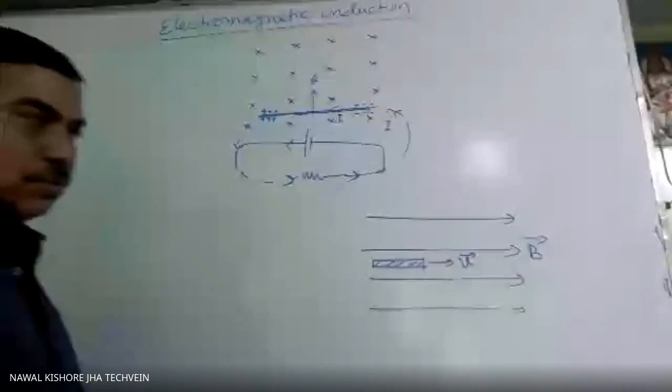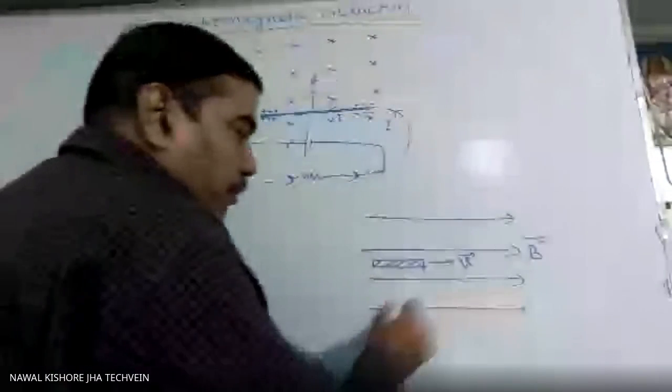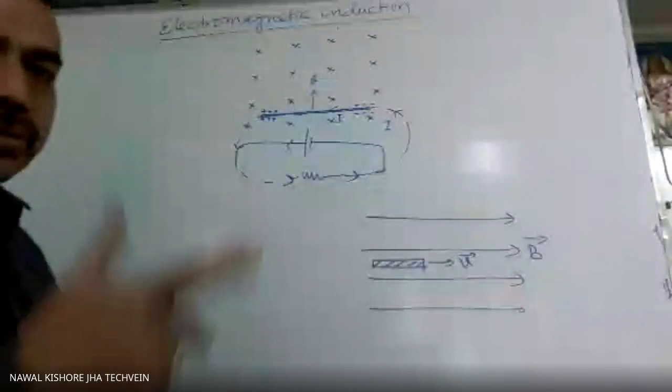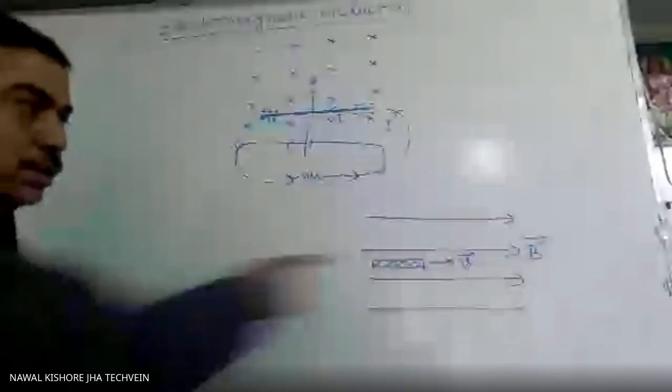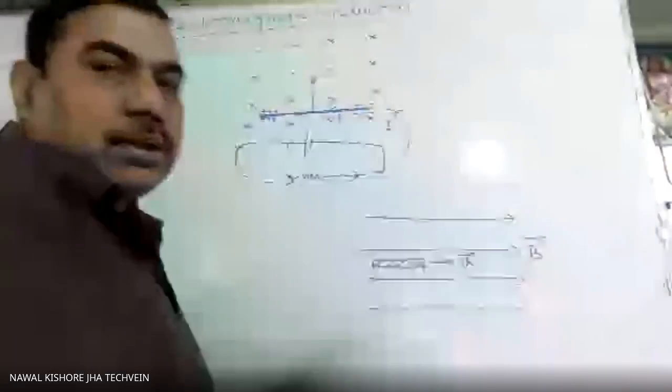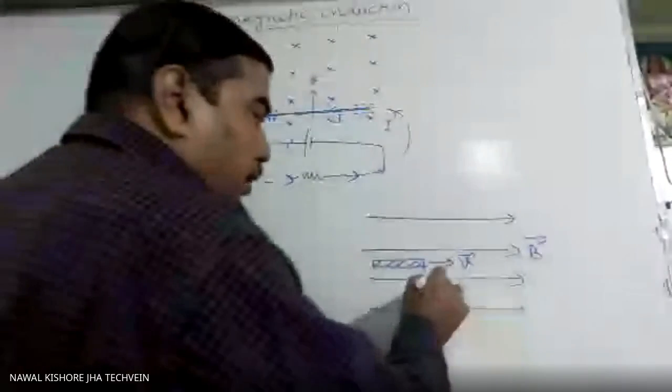So in this way, there is no change in the flux. So in this case, EMF induced will become 0 because three fingers should be perpendicular. Then only we can apply. So both are in same direction. B and V are in same direction. So here EMF induced will be 0. No current will pass.